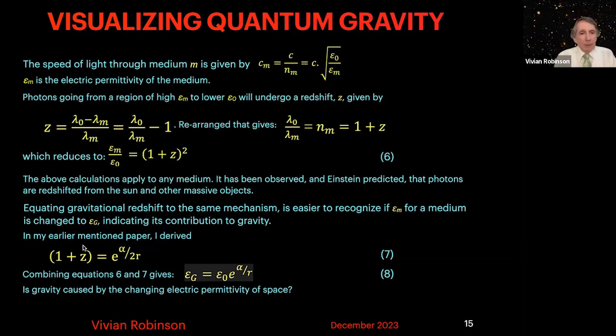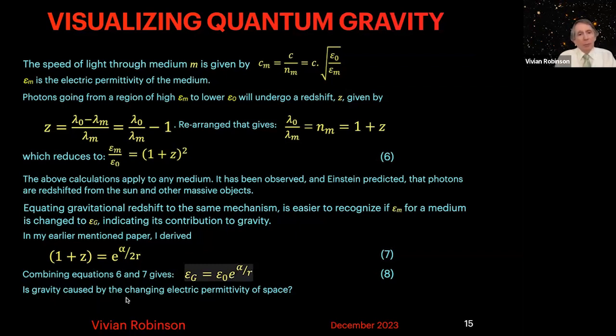In my earlier mentioned paper, I derived the term 1 plus z equals e to the alpha over 2r. Combining that equation with equation 6 then gives epsilon g equals epsilon naught e to the alpha over r.